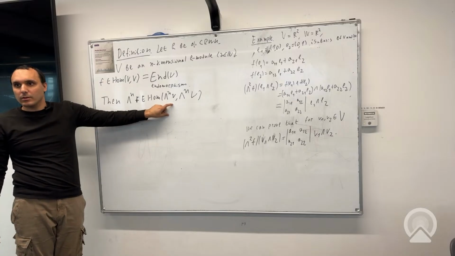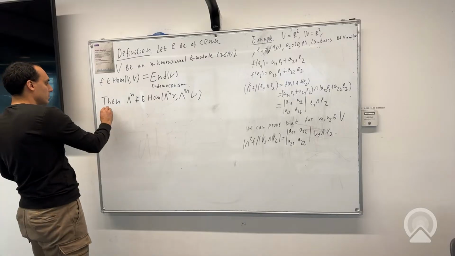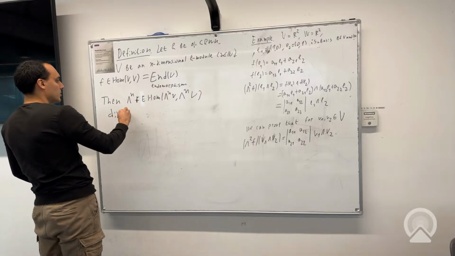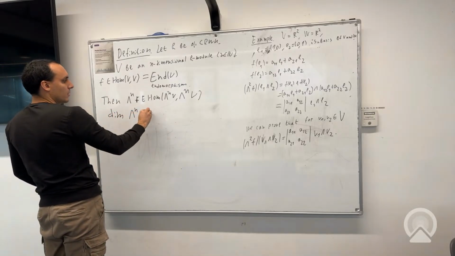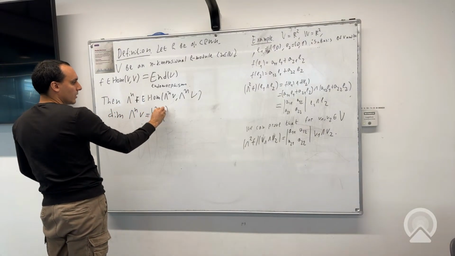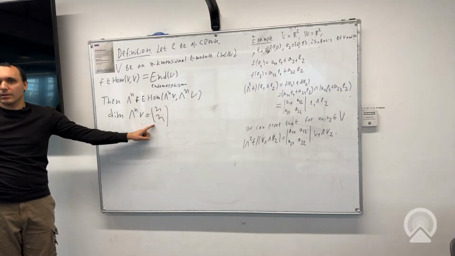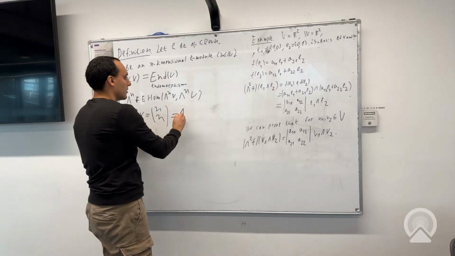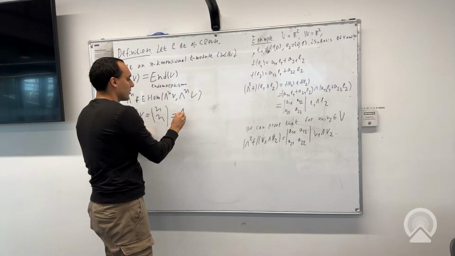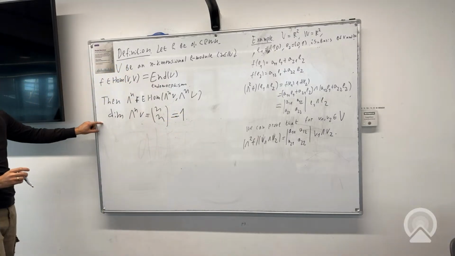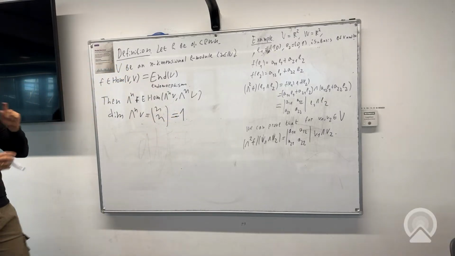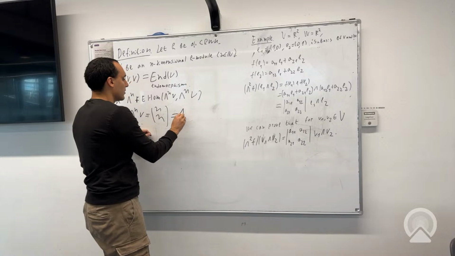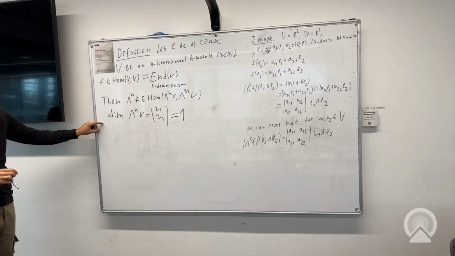I asked the top dimensional. So the dimension of lambda n V is n choose n. This is 1.